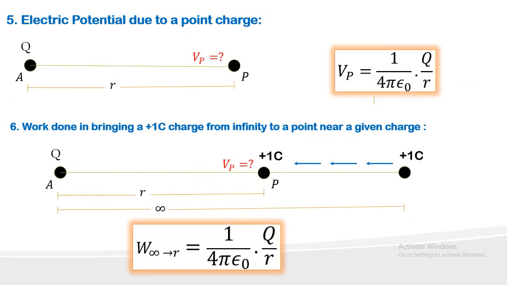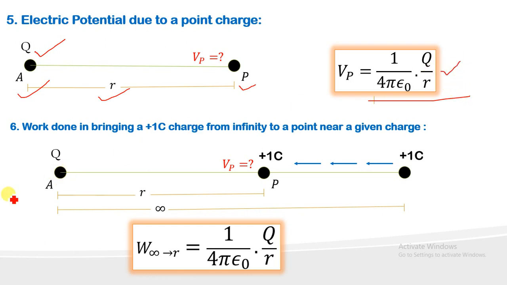Point number 5 is electric potential due to a point charge. Suppose we are having a point charge Q at some point A. At a distance r from it, there is a point P where potential is 1 by 4 pi epsilon naught Q by r.